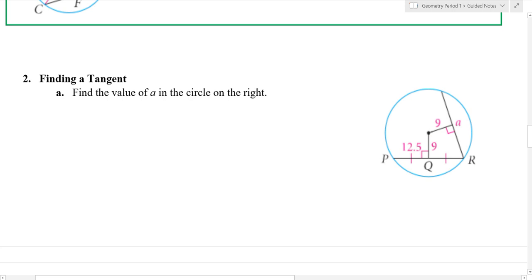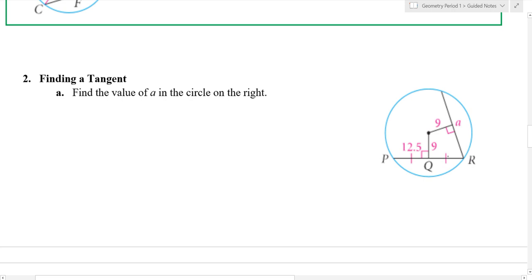So if we go back to the theorem that we just talked about, it says that if two chords are equidistant from the center of a circle, then they're congruent. So that means that PR is congruent to A. This piece right here is 12.5. So that means that the other piece is also 12.5 over here. Notice that they're congruent.